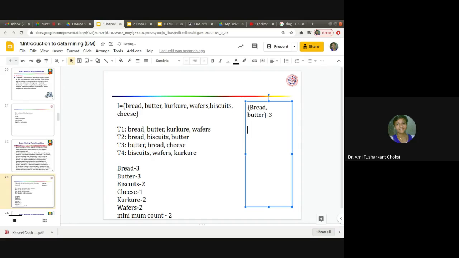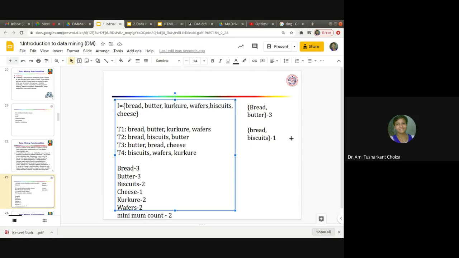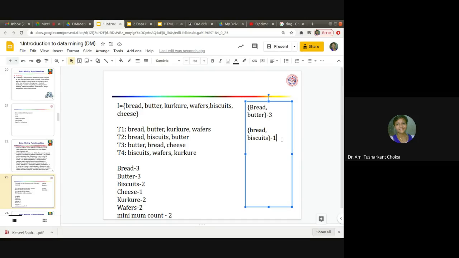Together, they are available as bread and biscuits only once. So is it crossing the minimum count? This count is typically called the minimum support count. We'll see that in detail, but the minimum count is whatever is given in the problem statement. Here, is it crossing? No, because it is 1 and the minimum count is 2. So this pair is not frequent, right?